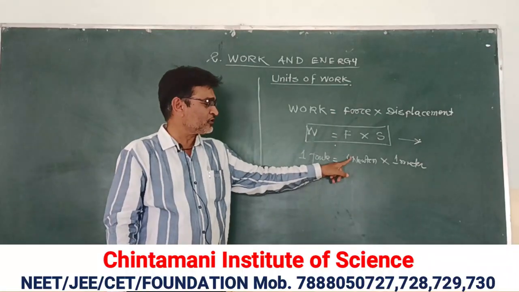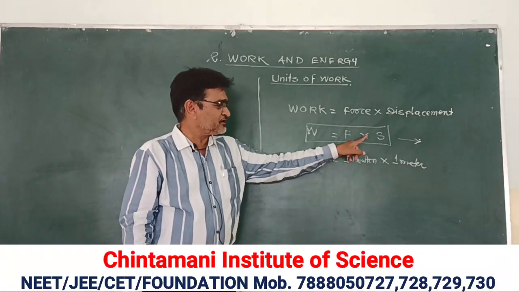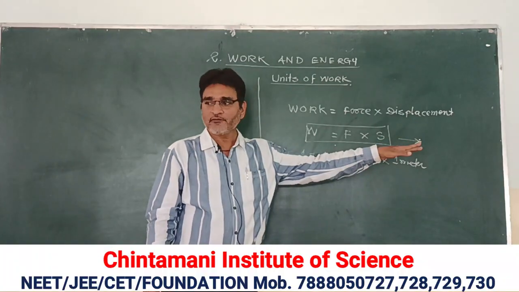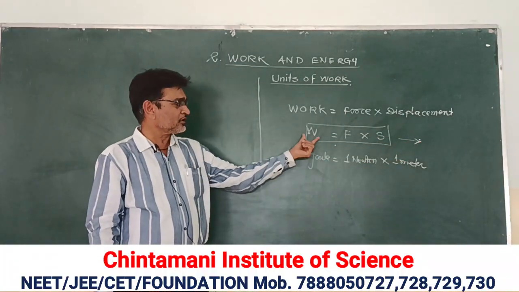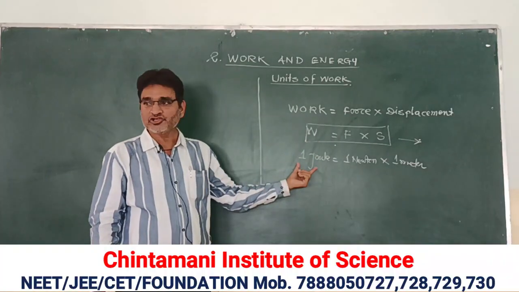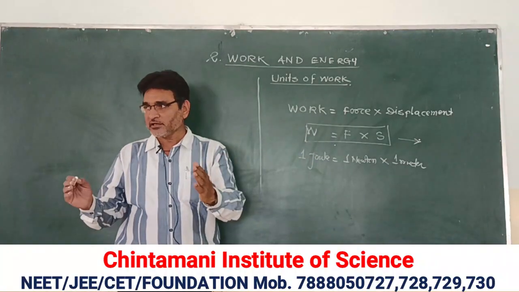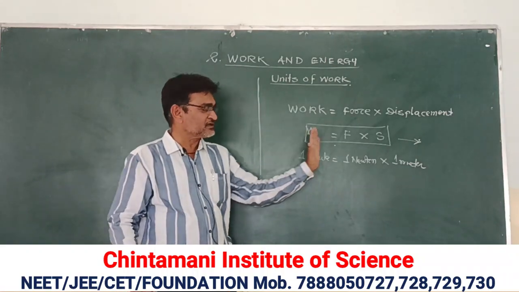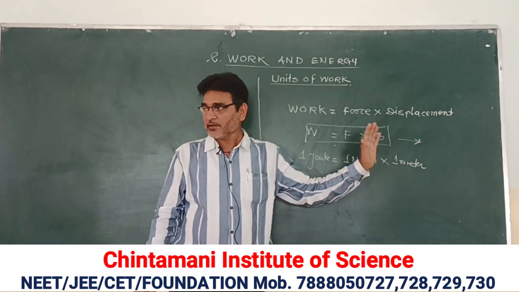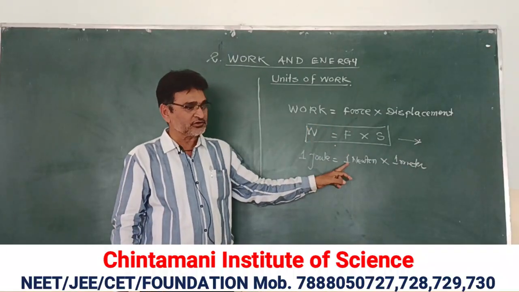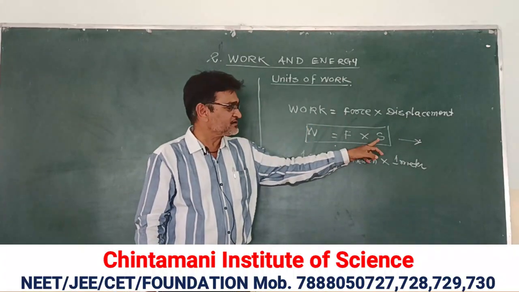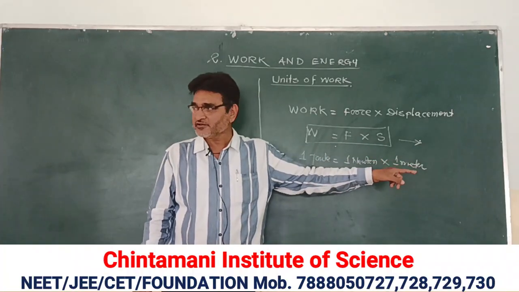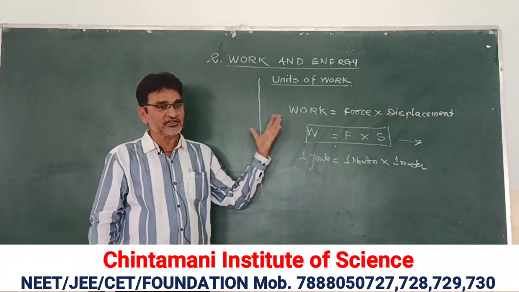If the force of 1 Newton displaces an object through 1 meter in the direction of the force, then the amount of work done is called 1 joule. Force of 1 Newton displaces an object through 1 meter in the direction of the force, then the amount of work done is 1 joule.